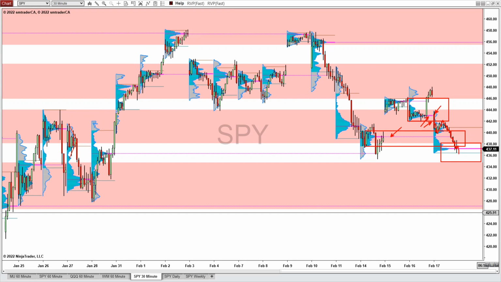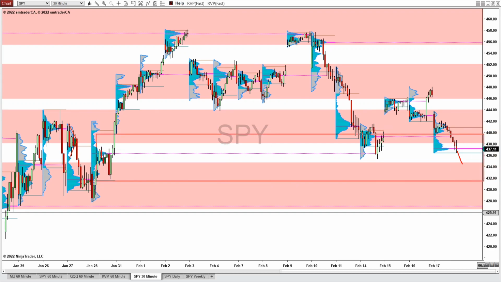For the coming day tomorrow, be watching to see whether the price comes into this zone and possibly works down to this area here, because we're looking at this value area now.